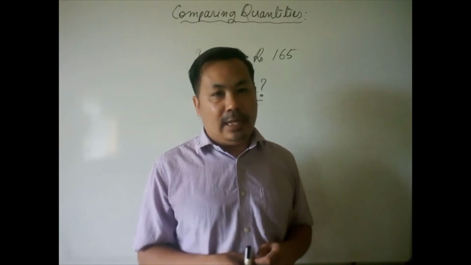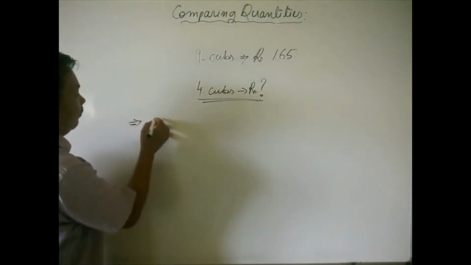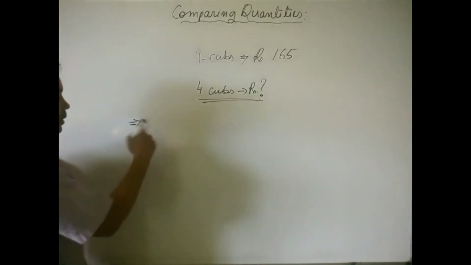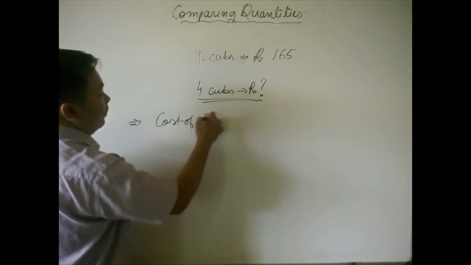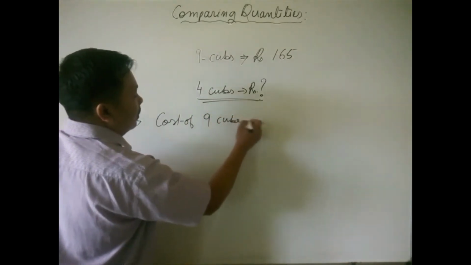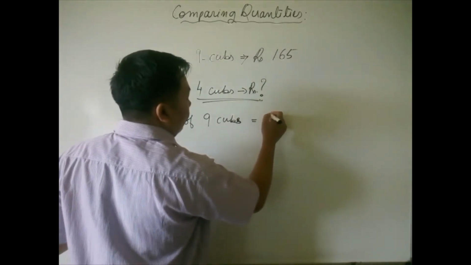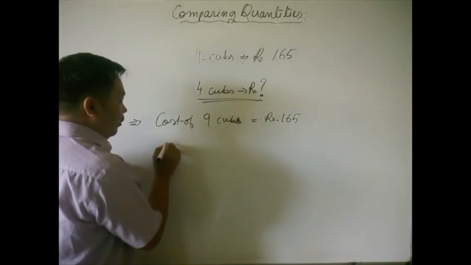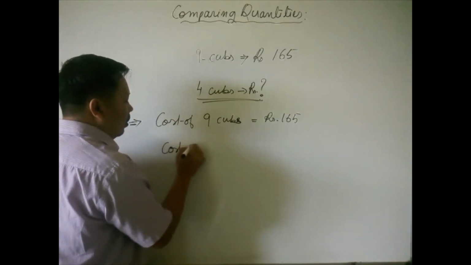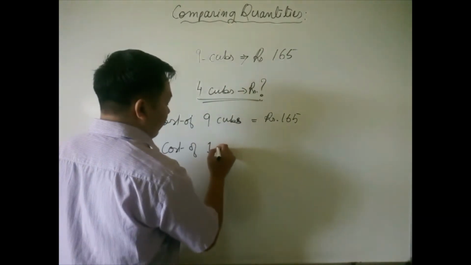So how we can do that is, you see here. First we have to find out the cost of 9 cups. 9 cups is equal to rupees 165, isn't it? Then we want to find out the cost of 1 cup.